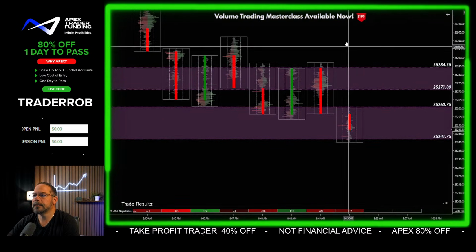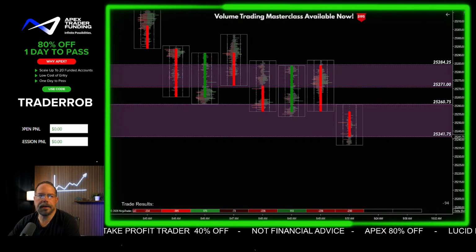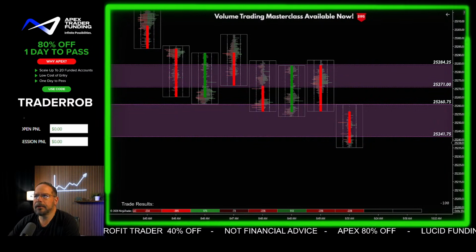Strong delta there. See that push. Nothing here to do yet. ES just tapped into its band.